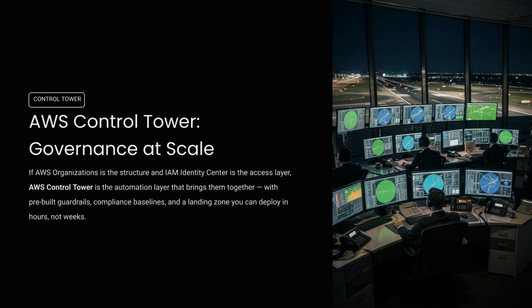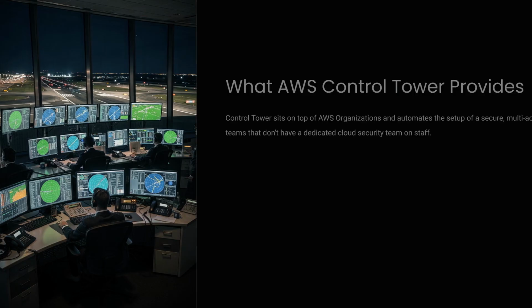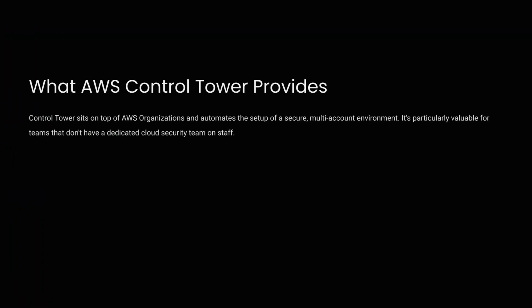AWS Control Tower is the automation layer that unites AWS Organizations and IAM Identity Center. It provides pre-built guardrails, compliance baselines, and a landing zone you can deploy in hours, not weeks. Control Tower automates the setup of your secure, multi-account environment.